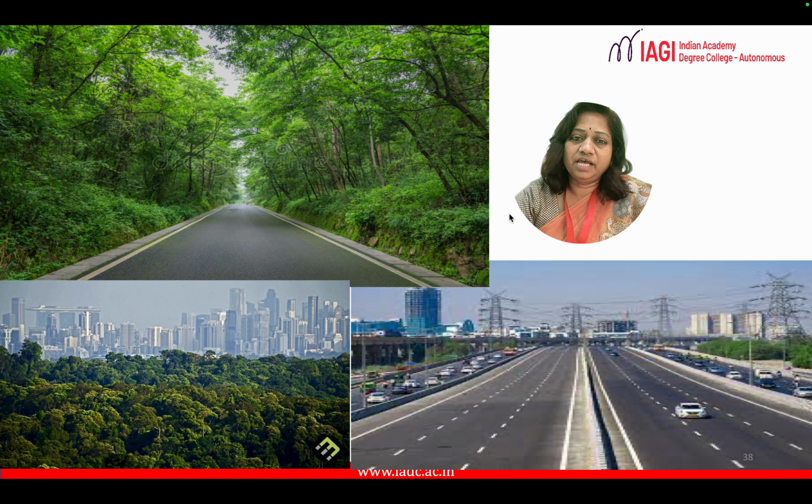Not only that, as population is increasing, more cities are being developed. To develop a new city we need some place, so they are using these forests. So the trees are cut, roads are made, and because of that so many trees will be cut down, which took many hundreds of years to grow. In one shot we are cutting them for the sake of creating cities or making roads.